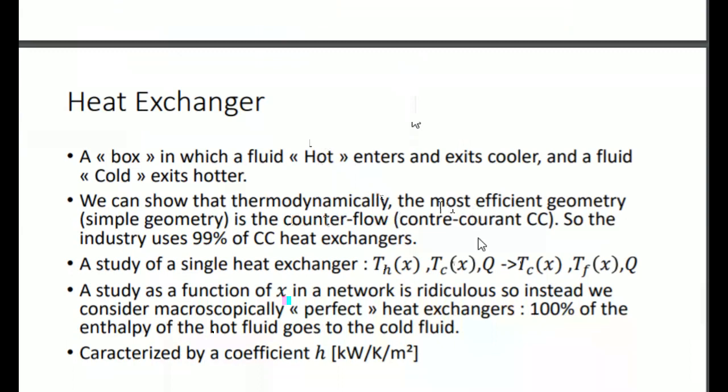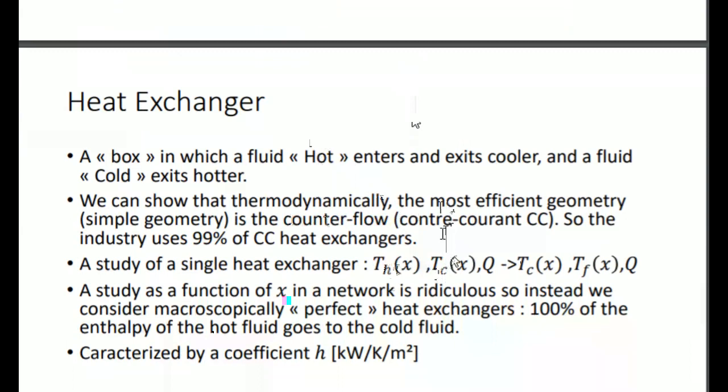Because it's convenient. So when you study a heat exchanger, you have the temperature of the hot fluid, which is a variable of x, where the x-axis is the axis of the flow, and the temperature of the cold stream also as a function of x, because since we are in counterflow, the axis of both streams are parallel, because they touch each other on the sides, on the contrary to some very exotic geometries.